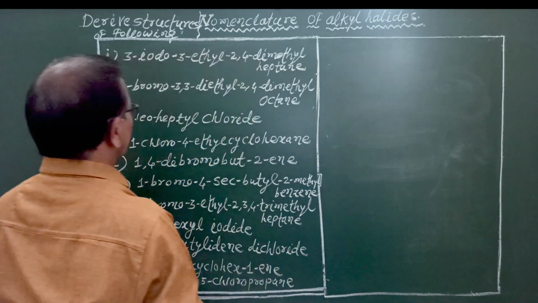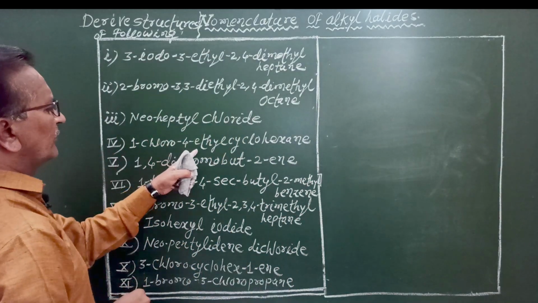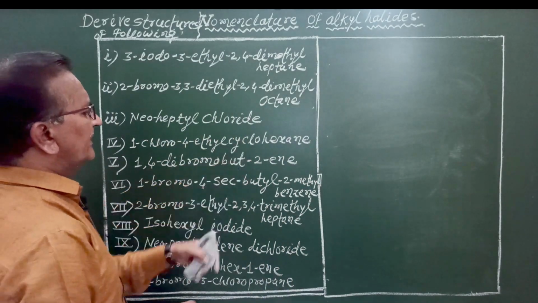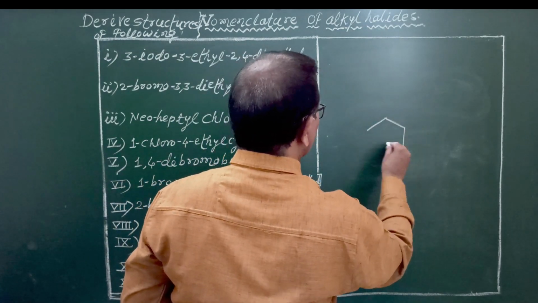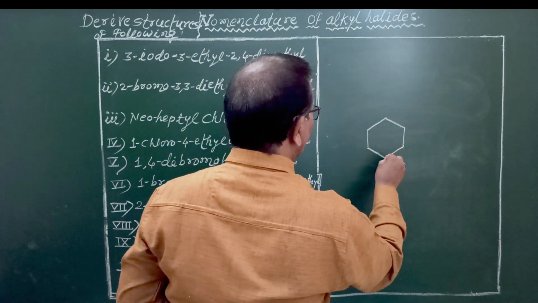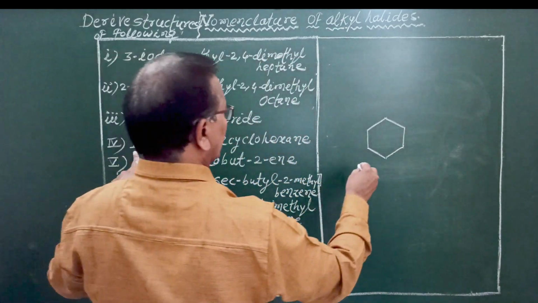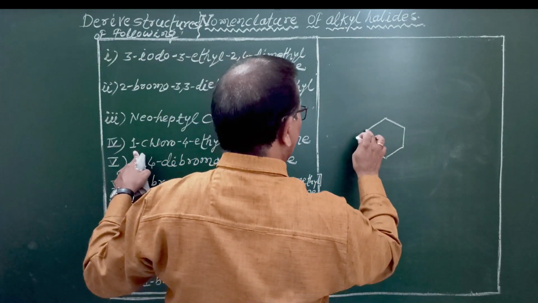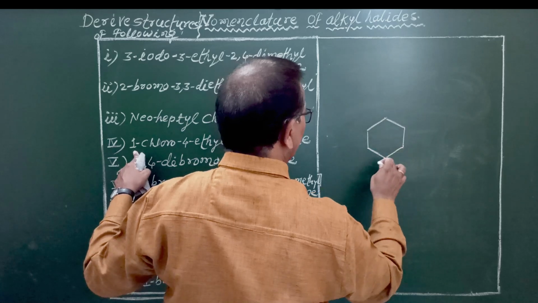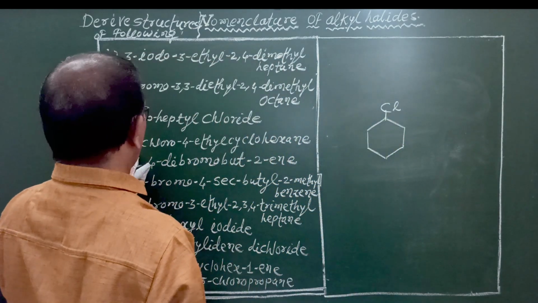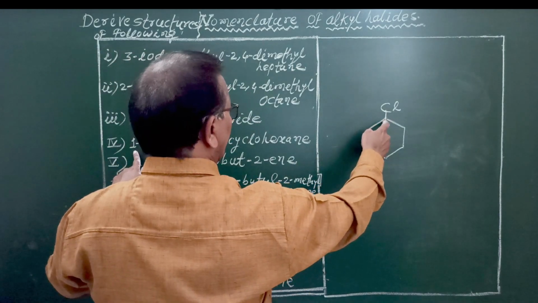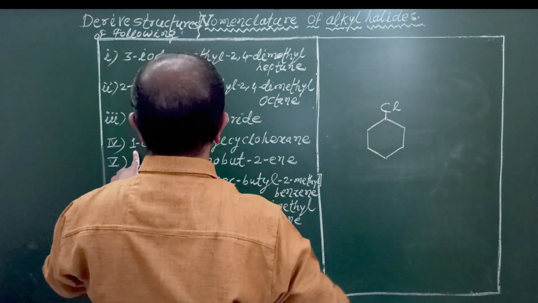Let us see the next structure. 1-chloro-4-ethyl cyclohexane. Cyclohexane, we must draw a hexagonal ring. What about the position of the chlorine atom? We can attach the chlorine atom at any corner. Here, here, here, here, here or here. We will attach here. With respect to this chlorine atom, this carbon atom is numbered as 1, to which chlorine atom is bonded.